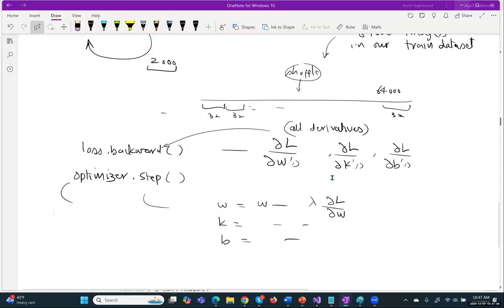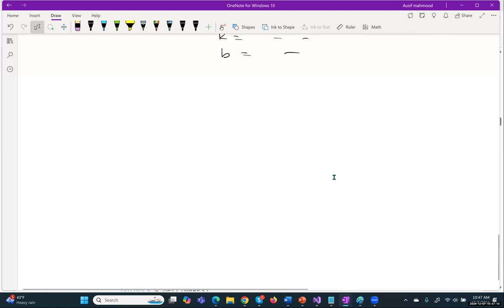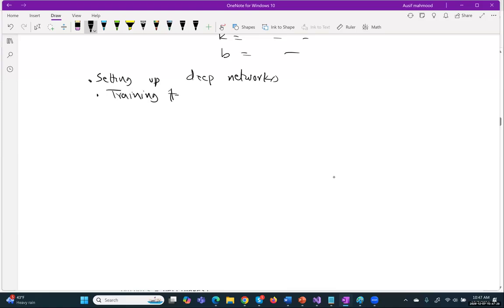Okay, so now that we are feeling fairly comfortable with setting up deep networks, and training and testing them, the question is, is that all there is to deep learning?